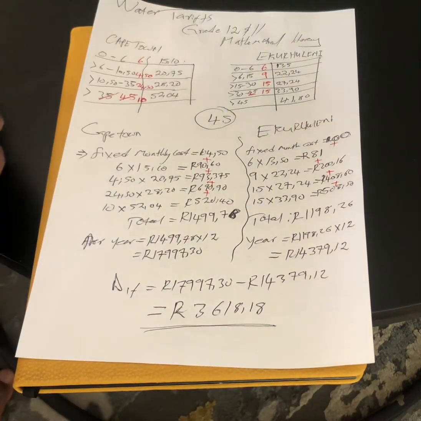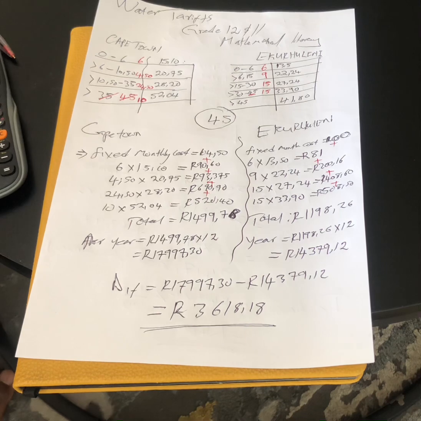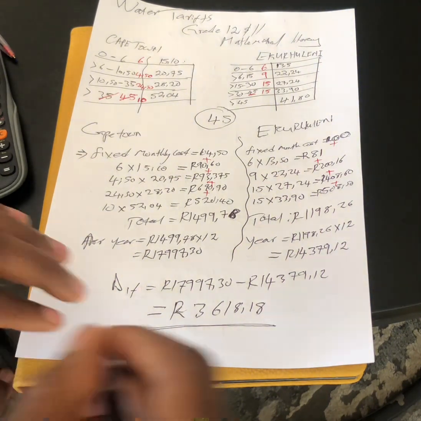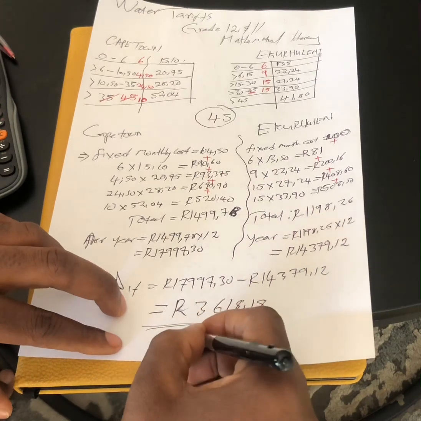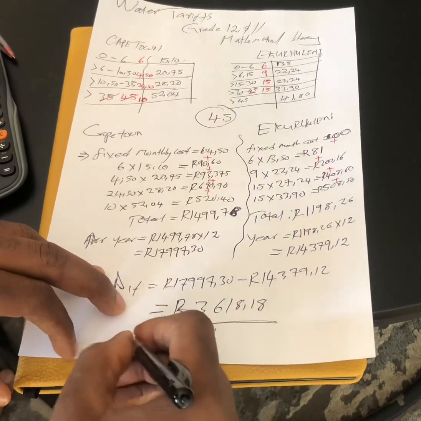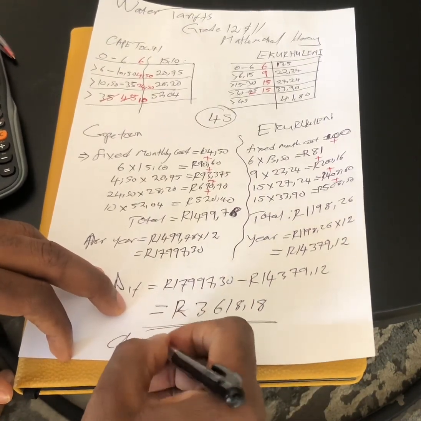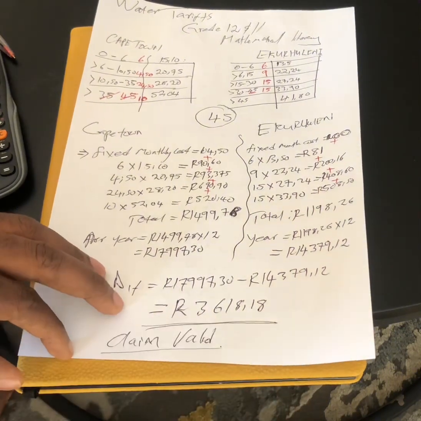That is the difference. And the statement says that it will pay 3,600 more. So you can tell that his claim is valid. He is correct. The claim is valid.